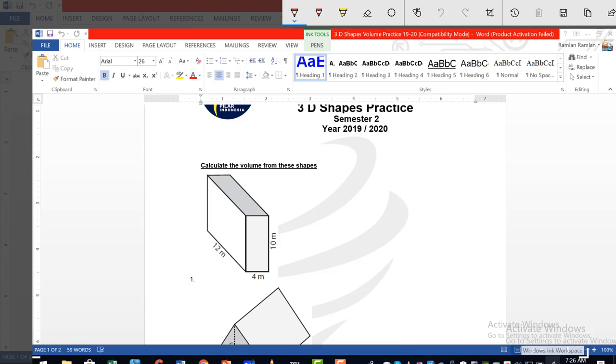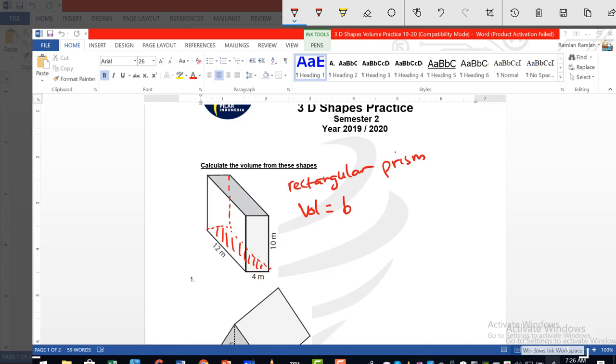So for number one, the name of this shape is what we call the rectangular prism. So the volume of this shape is pretty easy. Just like the base area times the height. So the base area, this is the base. It's a rectangle, right?